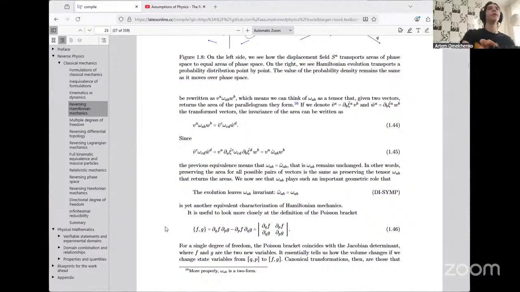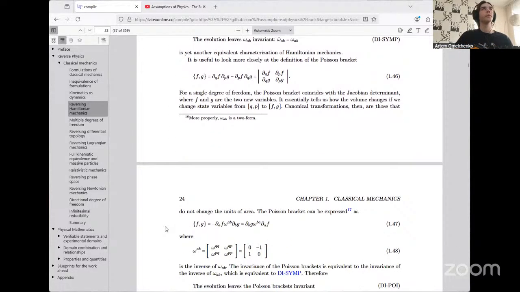It is useful to look more closely at the definition of the Poisson bracket. I don't know how many of you have seen the Poisson bracket, but this is how it's defined.